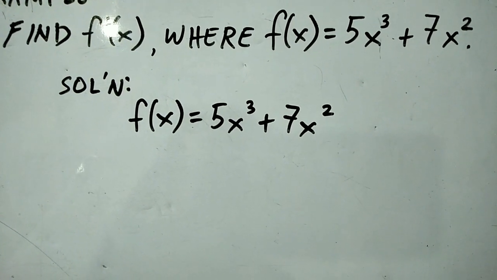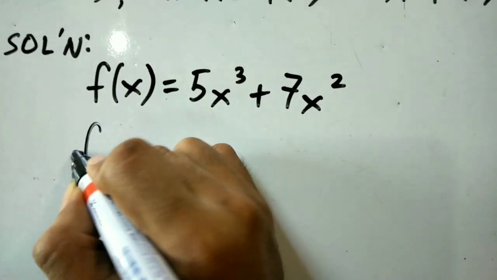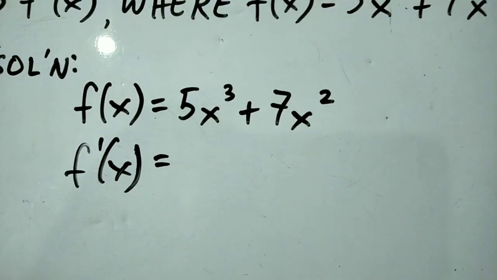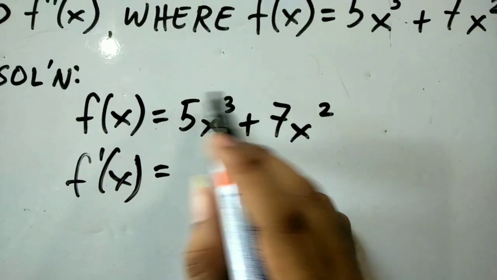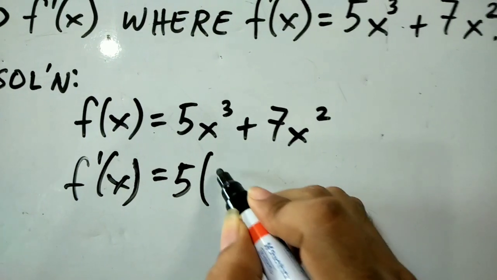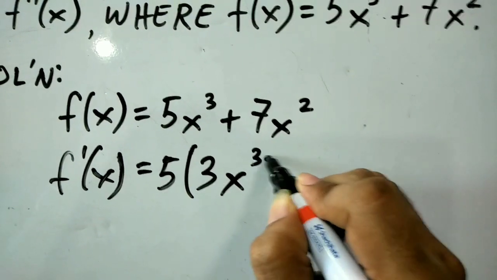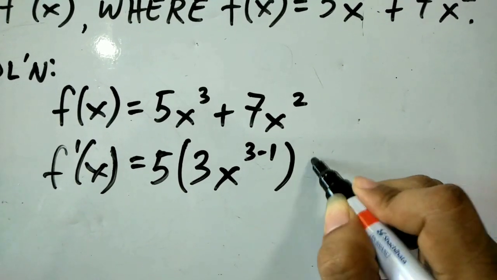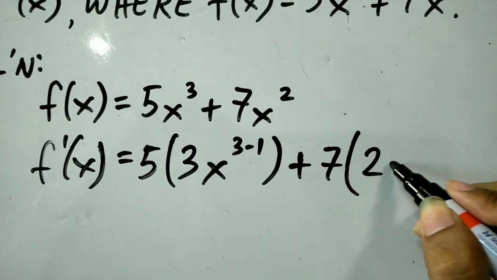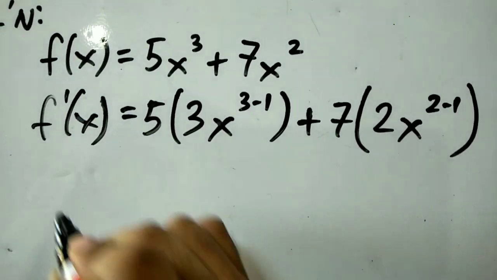Okay, we have the solution. All you need to do, then apply the power rule. So 5 times 3x to the power of 3 minus 1 plus 7 times 2x to the power of 2 minus 1.